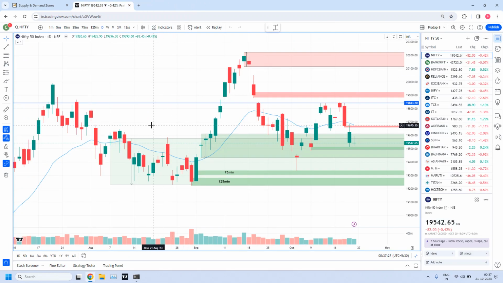First, let us start with the high liquidity zones triggered from our yesterday's list. First one is ULTRACEMCO.